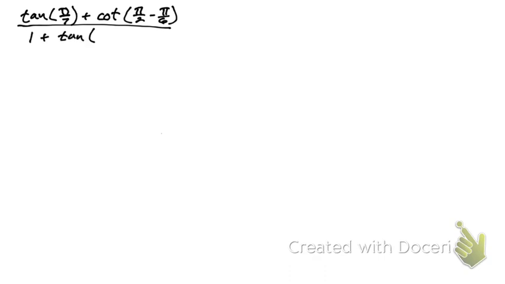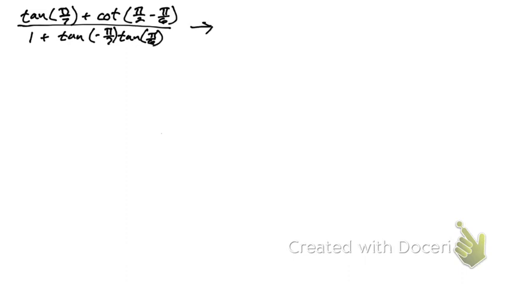It gives you the tangent of pi over 7 plus cotangent of pi over 2 minus pi over 6, all over 1 plus tangent of negative pi over 7 times tangent of pi over 6.